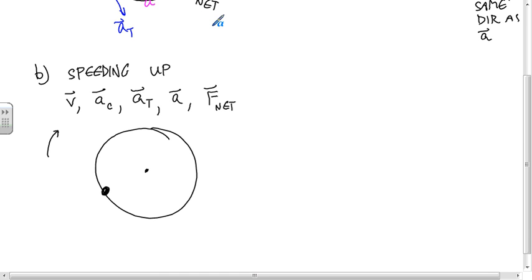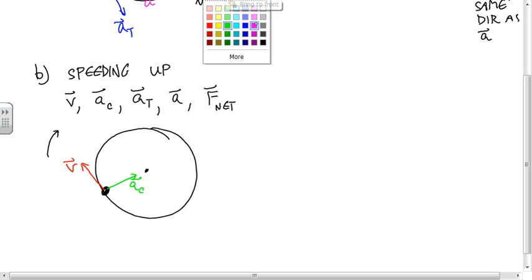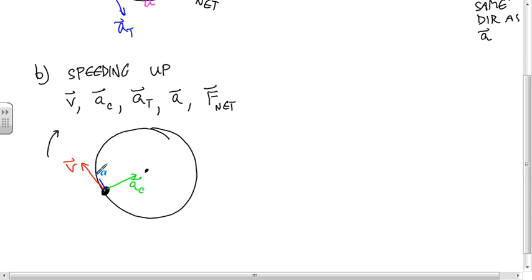So what's the direction of the velocity vector? Yep, that doesn't change. Direction of the centripetal acceleration? Yep. Tangential has to be the same as velocity because it's speeding up. Total acceleration between tangential and centripetal, so somewhere, yep, in this direction. And so the sum of all the forces, same. Yep, that's right.